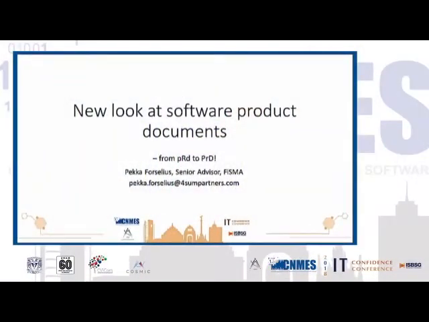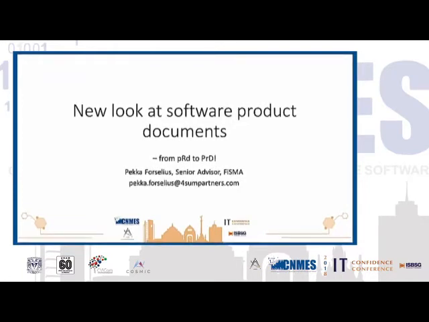My topic here is a new look at software product documents. Many presentations here have taught something about requirements and their connection to functional size measurement. My subtitle is from PrD to PRD.